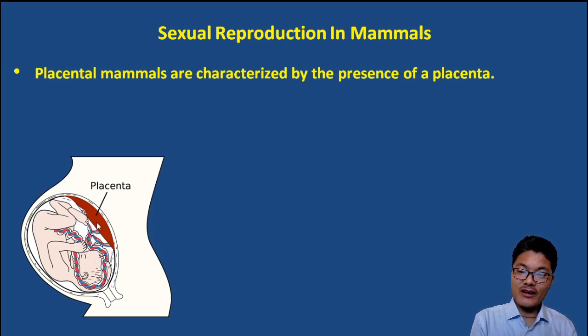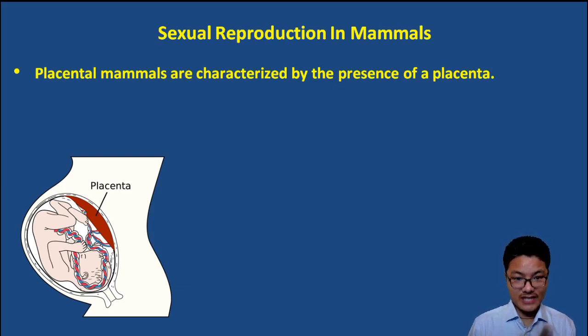The placenta is attached to the umbilical cord, and under the support of the maternal body, the placenta is able to support the fetus by different mechanisms.